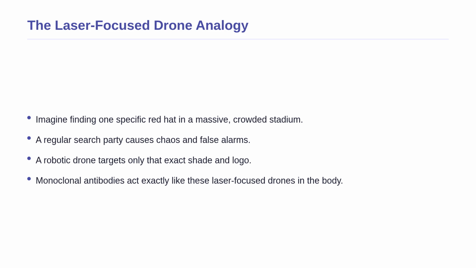Now, imagine you have a highly trained, laser-focused robotic drone programmed to recognize only that exact shade of red and specific logo. It ignores everyone else and latches directly onto the target. In the human body, monoclonal antibodies act exactly like these drones. They hunt down and bind to one single specific target, ignoring everything else.